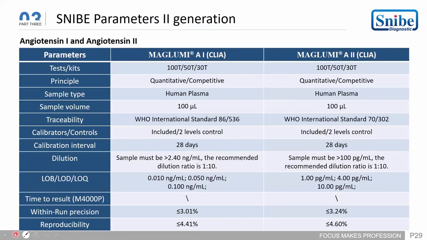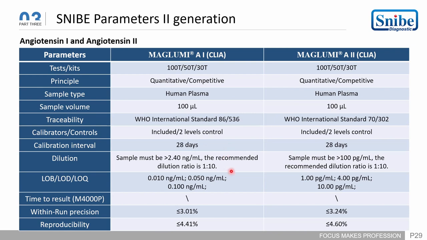If we talk about the second generation angiotensin 1 and 2, they have quantitative analysis, and human plasma is recommended. The traceability and standardization are according to the global guideline of the WHO international standard, 70/302 for angiotensin 2 and 86/536 for angiotensin 1. The calibration interval is 28 days, which is more reliable and onboard, with better stability compared to the other.